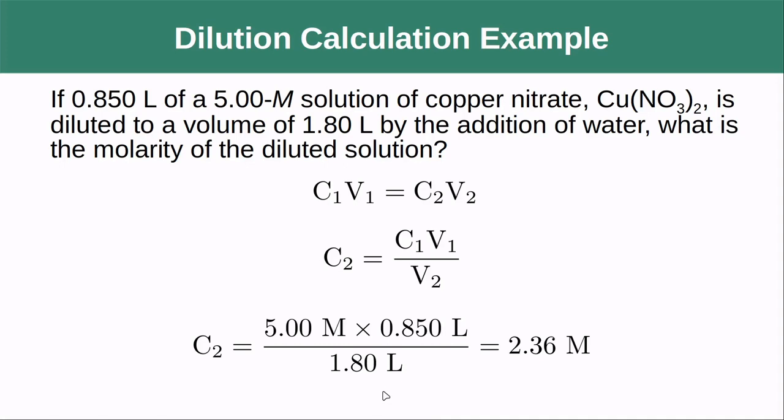You can also know, from what I said before about the concentration, that because these liters canceled, you're going to wind up with molarity in the end. Now, if these weren't both in liters, it would be necessary to make sure that they did have the same unit. While it is important to have them in liters when you're calculating molarity, it's actually not important to do that in the dilution calculations.